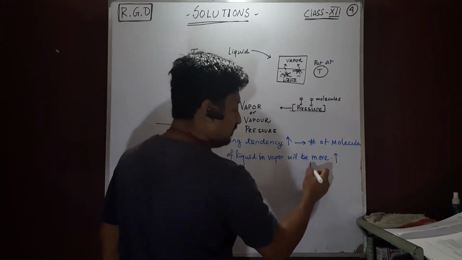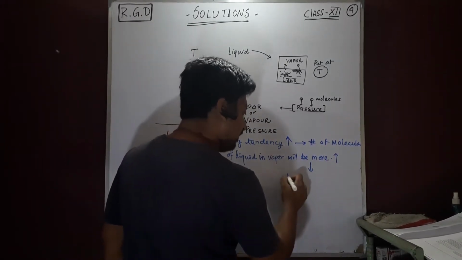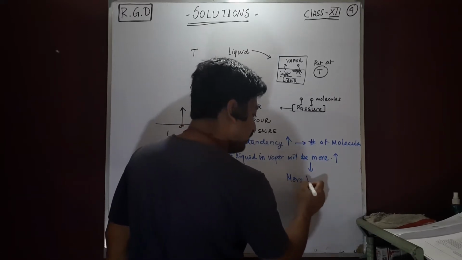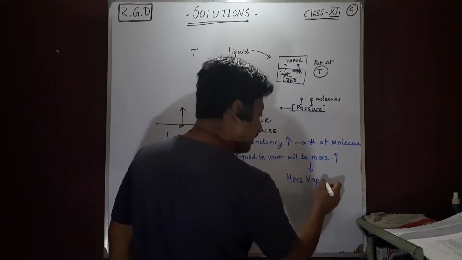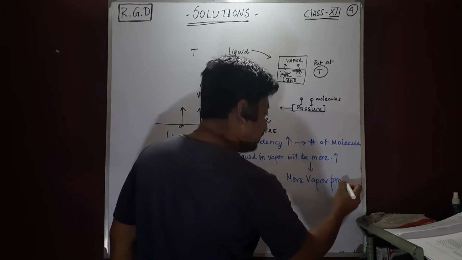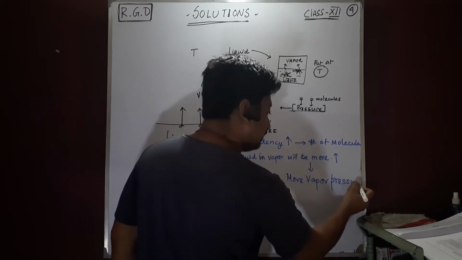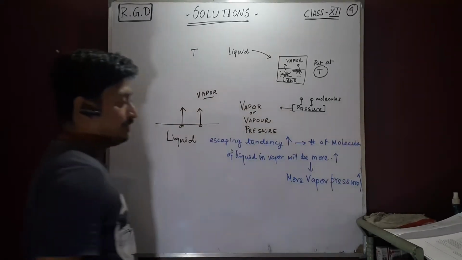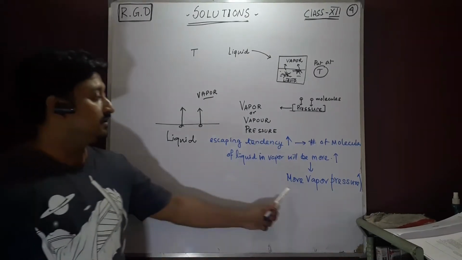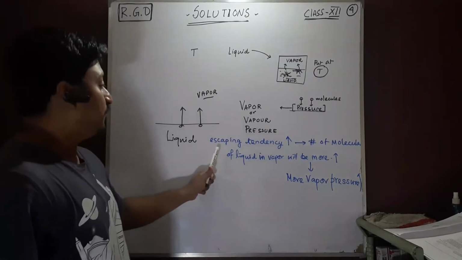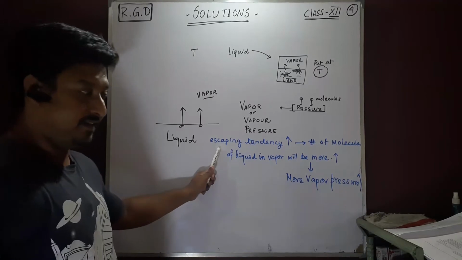If this is more, then there is more vapor pressure. That means the vapor pressure is proportional to the escaping tendency.